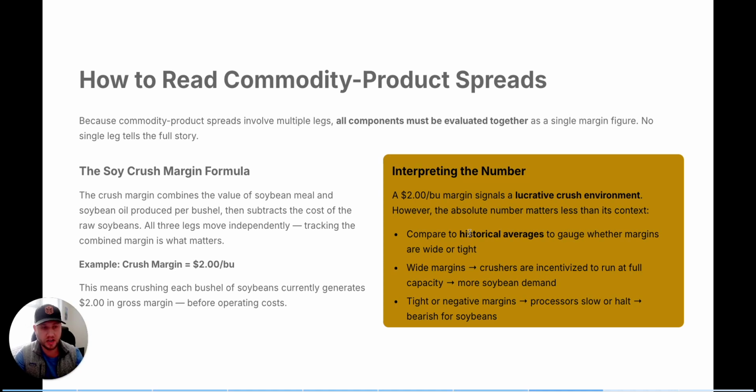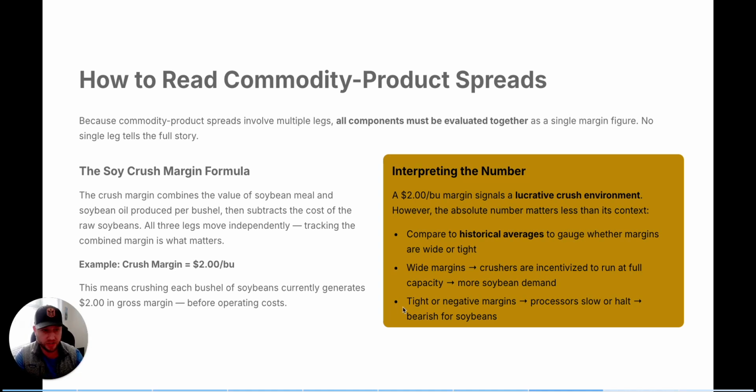If you're making $2 a bushel, that's pretty lucrative, and a good margin right off the bat, right? But we do have to take it a step further and compare that to the historical averages.